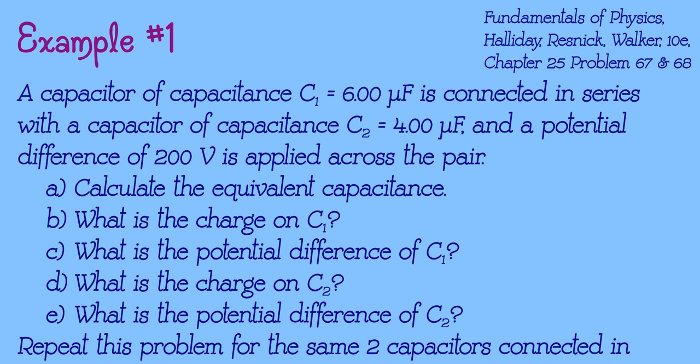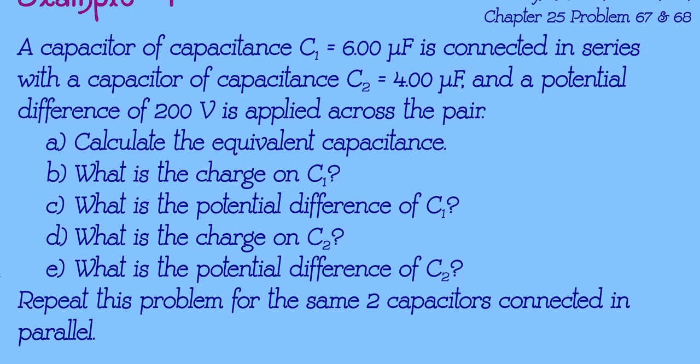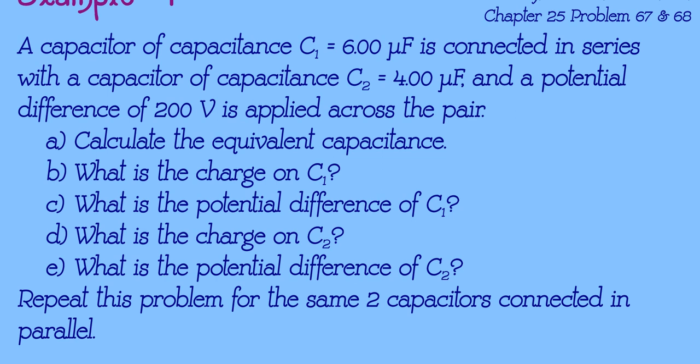The problem asks you to solve for 5 different quantities, like equivalent capacitance and then charge and potential difference of each one. You'll then repeat the question as if those two same capacitors were connected in parallel. Do this problem and bring your answers with you to class, just so we can make sure you really understand these rules for series and parallel combinations of capacitors.